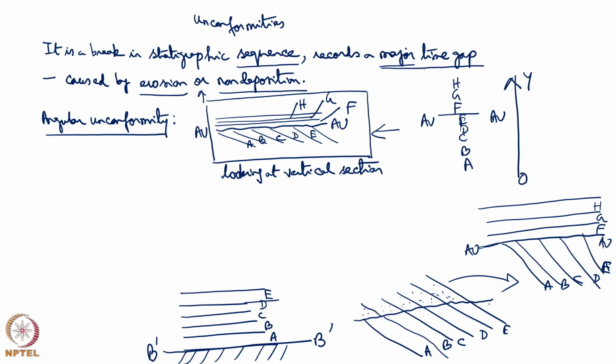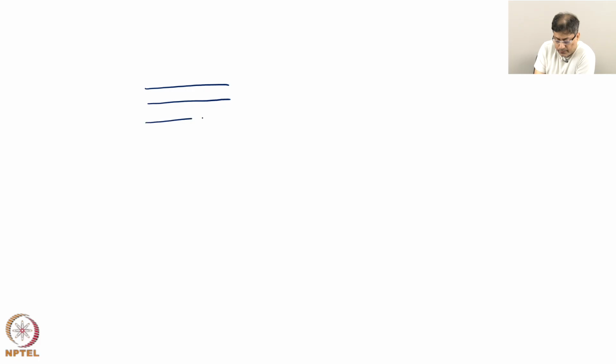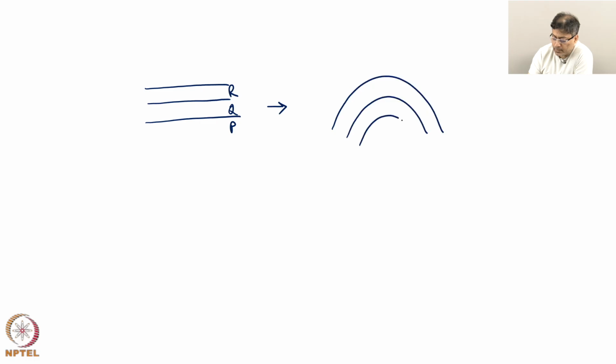Now, this tilting that I have described can also be produced due to a folding event. For example, imagine these are the different layers that got deposited, say layer P, Q and R, and due to a tectonic reason it got folded. Fold geometry can vary, but I am just drawing an antiform here, P, Q and R, and erosion takes place like this.